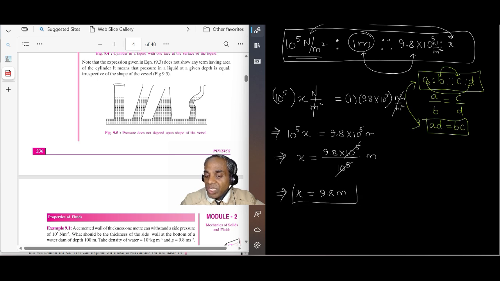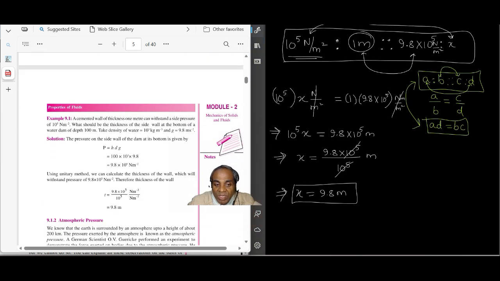So this is the thickness of the wall at the bottom of the dam, which is required to sustain the water pressure. Let's now check the solution mentioned in the book and see if it tallies. Here it's mentioned pressure on the side wall of the dam at its bottom is h into d into g, or rho into g. d is density here.